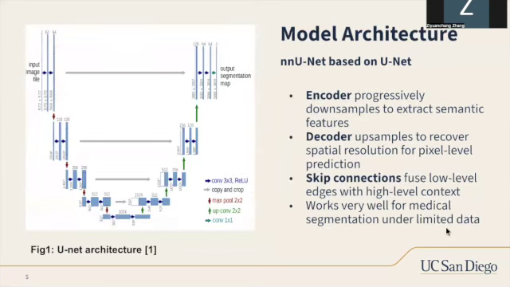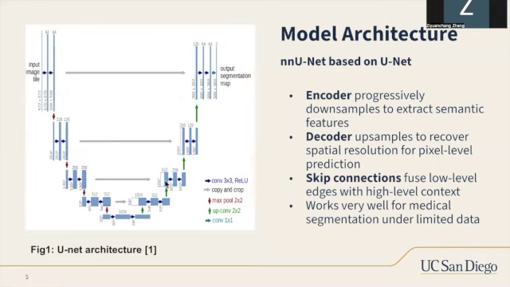The UNet uses an encoder to compress information and a decoder to recover spatial details. The encoder applies repeated 3x3 convolutions followed by 2x2 max pooling.